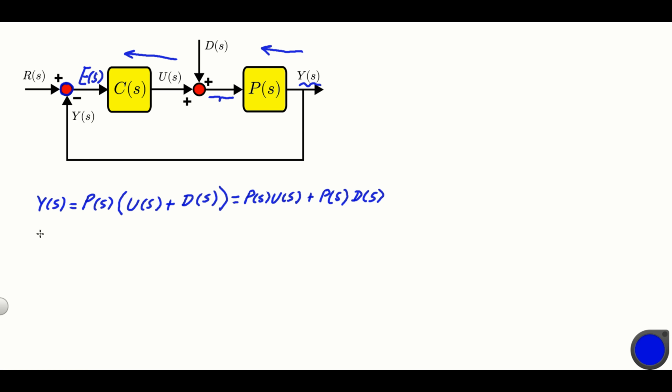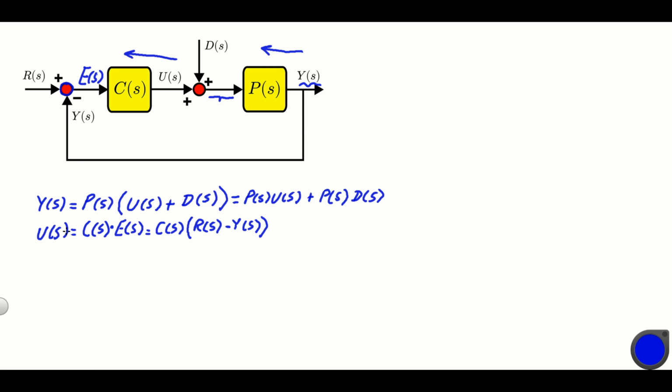So let's write it down. So we have that U of S is C of S multiplying the error in the complex Laplace domain. From here, we can see that error is equal to, I'll write it here, R of S minus Y of S.